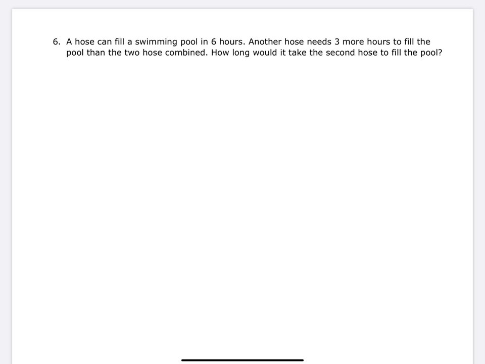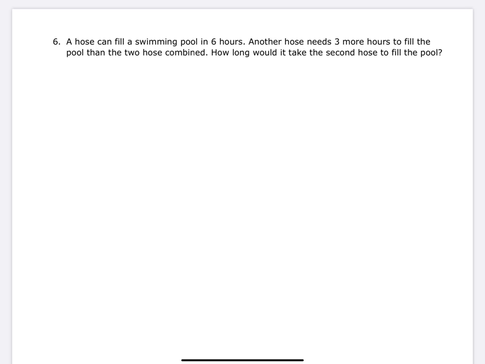Okay, this one I struggled with for a little bit, because the typical problem they usually ask is, if the first hose can fill a pool in so many hours, and a second hose can fill the same pool in so many hours, how long would it take for them to work together? So a lot of times you see these types of questions, but this one is slightly different.